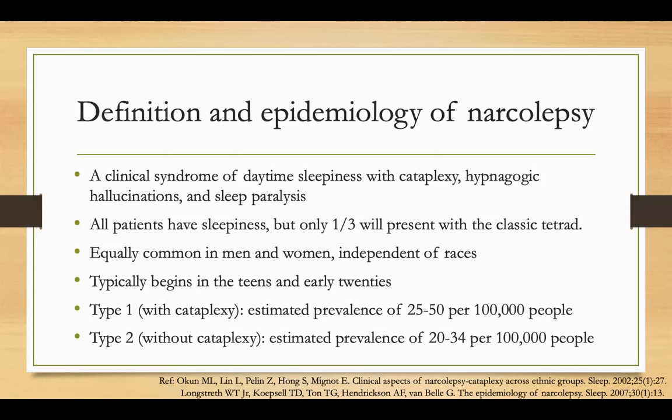Based on the presence of cataplexy, narcolepsy can be classified into type 1 with an estimated prevalence of 25 to 50 per 100,000 people, and type 2 with a bit lower prevalence.